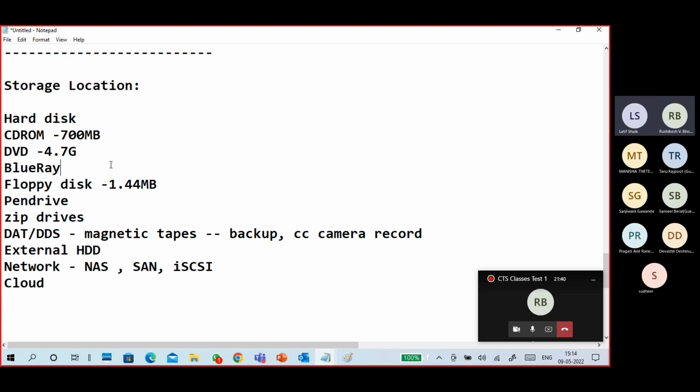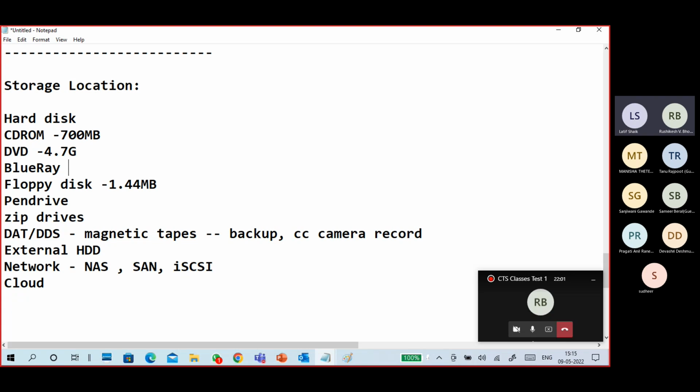Blu-ray, we don't know the exact size, maybe around 50 GB. It depends upon what we are using. Examples of cloud storage are Google Drive, OneDrive, iCloud, Mega, like that. These are different things.